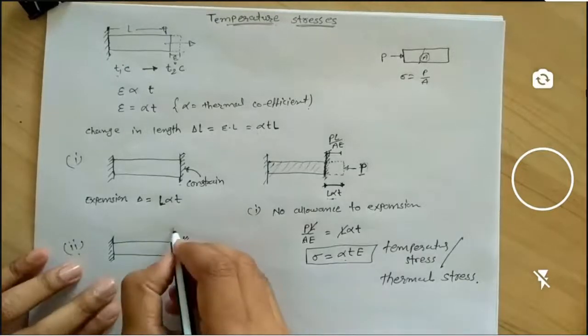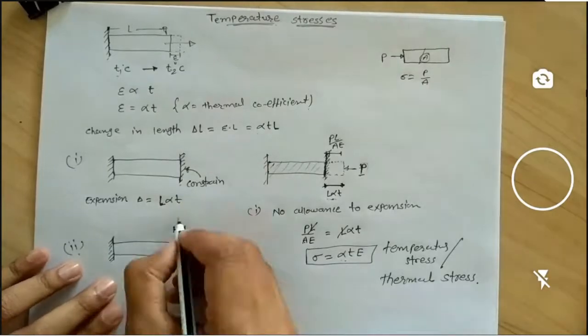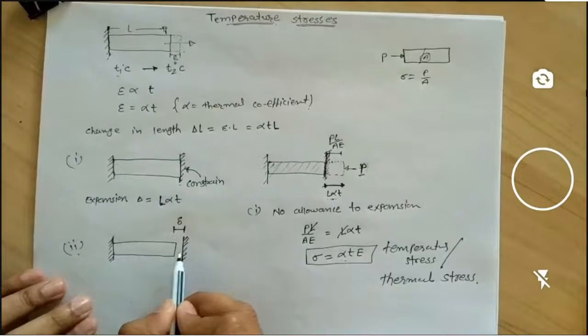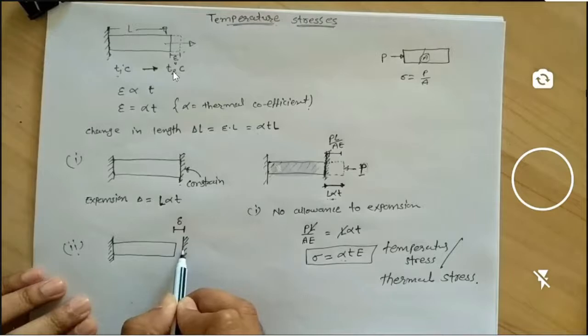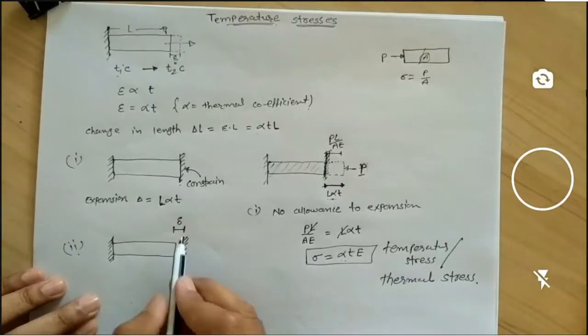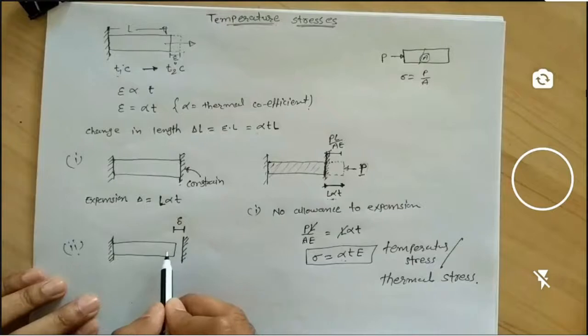So the gap between this element and the support is delta. Means up to delta expansion they can allow due to the temperature change. After that, the support cannot allow further expansion. If we require more expansion than delta, then stresses are generated within this element.